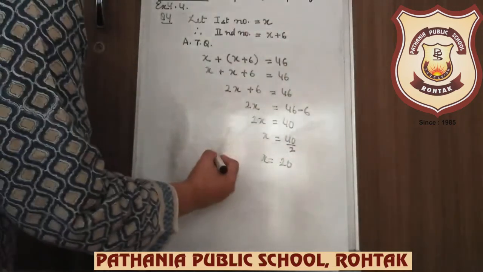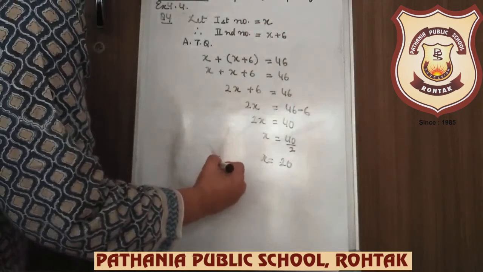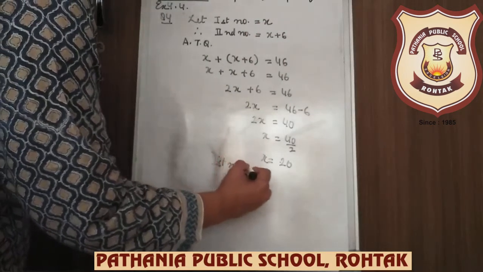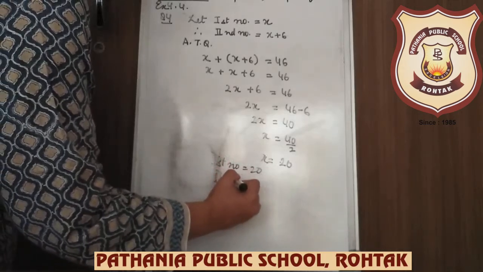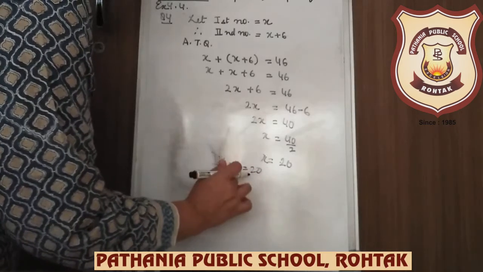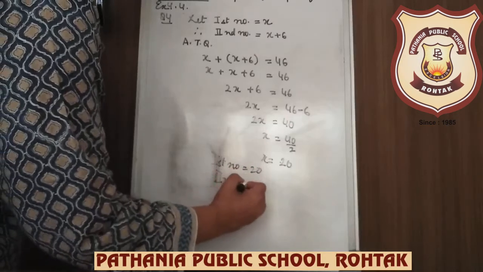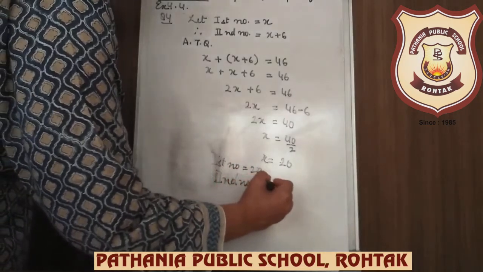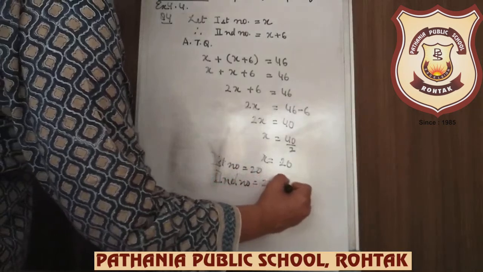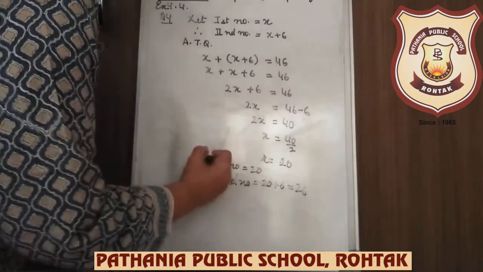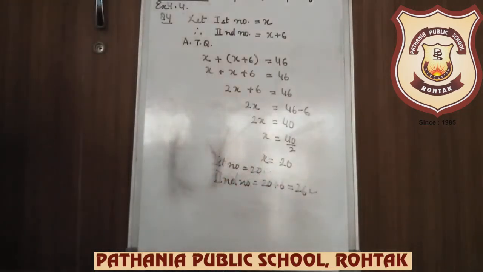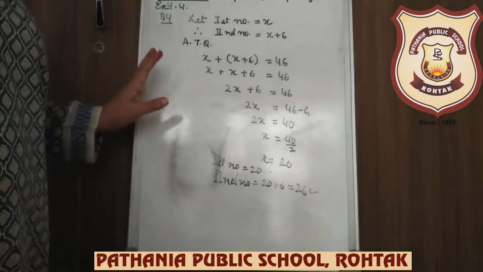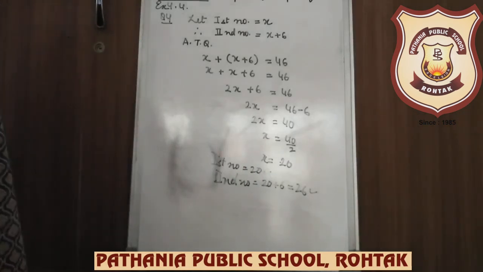Your first number is 20, so the second number is 20 plus 6, that is 26. These two numbers are your answer. Clear? So your question 4 is to be done in this manner.